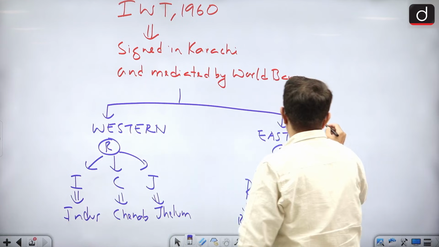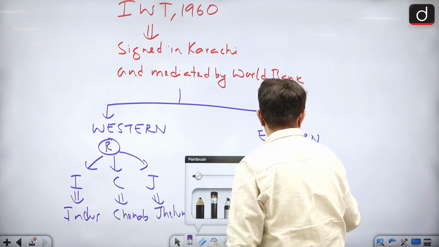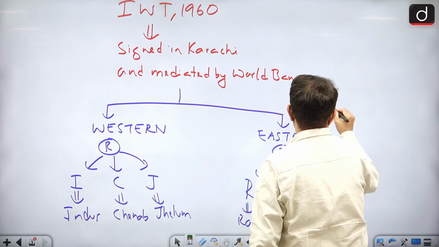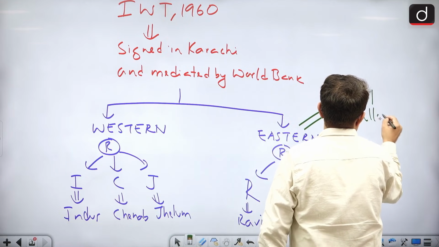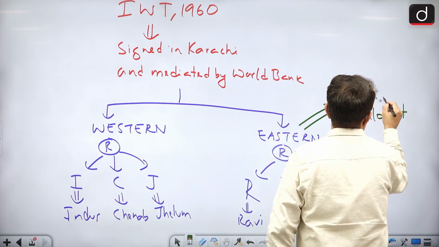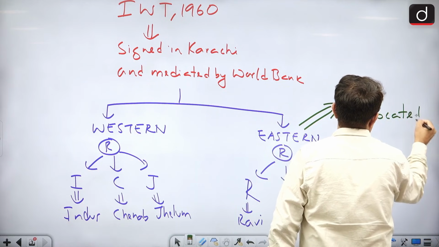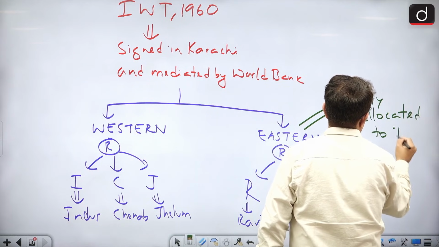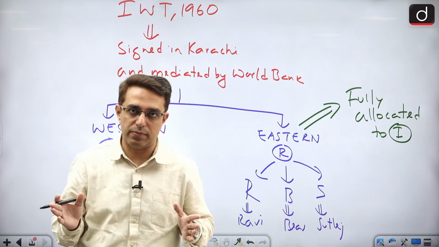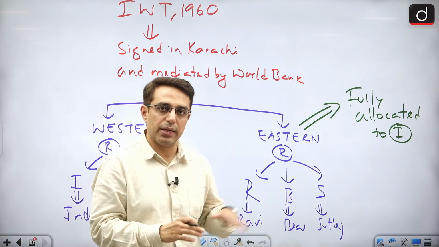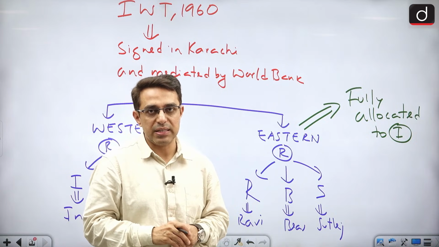The eastern rivers were allocated to India, right? 100% or full allocation to India, fully allocated to India. So India can use the waters of these eastern rivers the way it wants. So full rights were given to India for the eastern rivers.